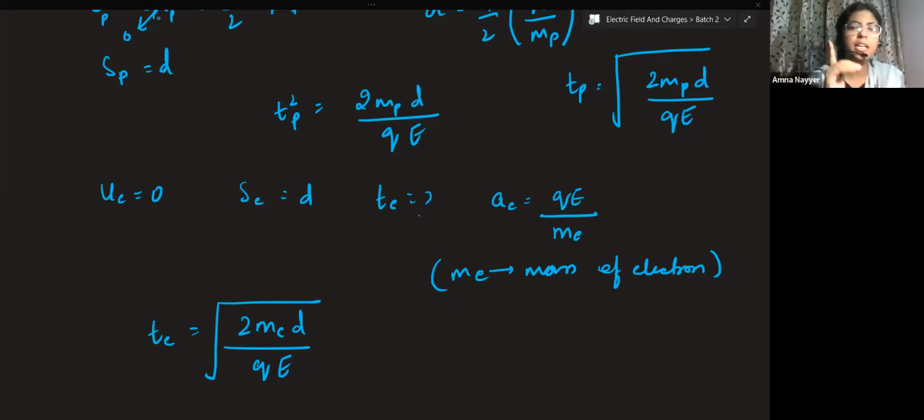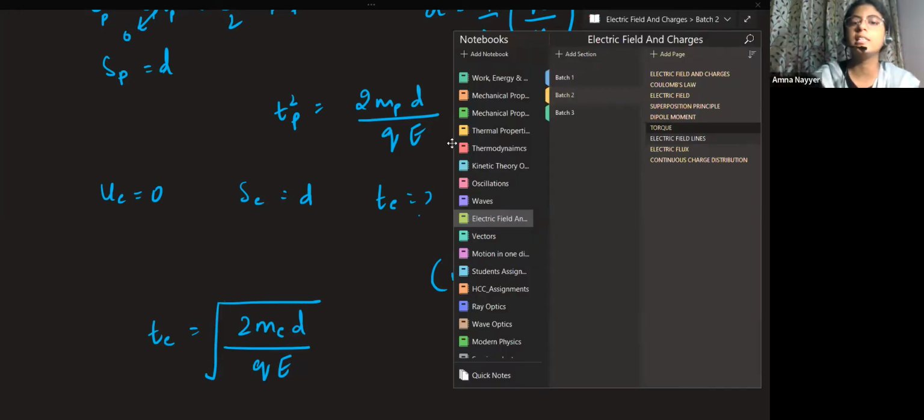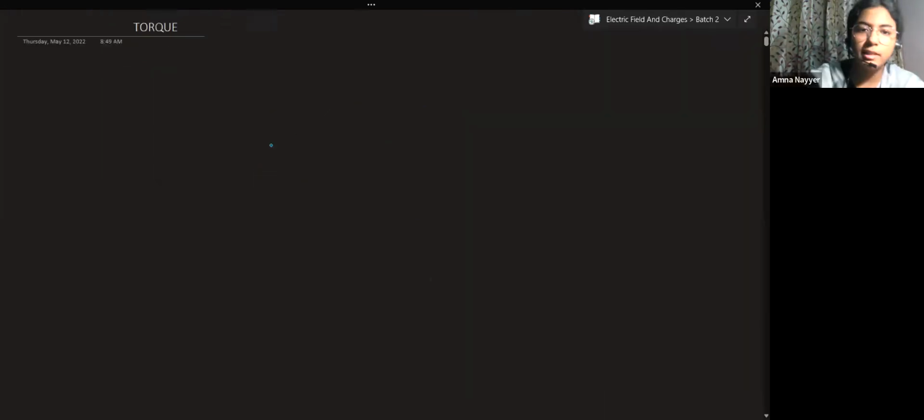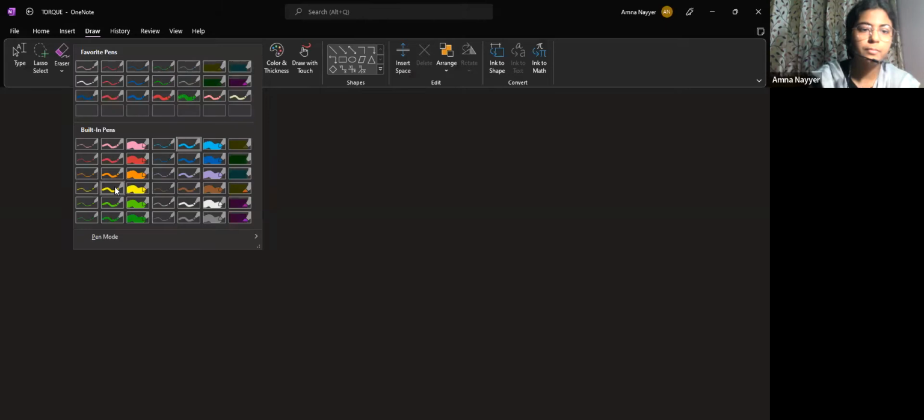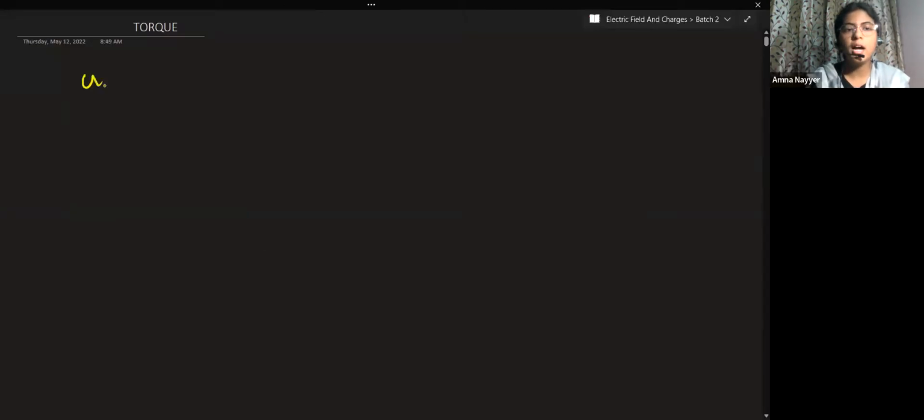Now see, one last topic, the last topic of today's class as well as the last topic of this lesson. Torque was left. So see, before discussing torque, you have to have a bit of knowledge about the cross product.